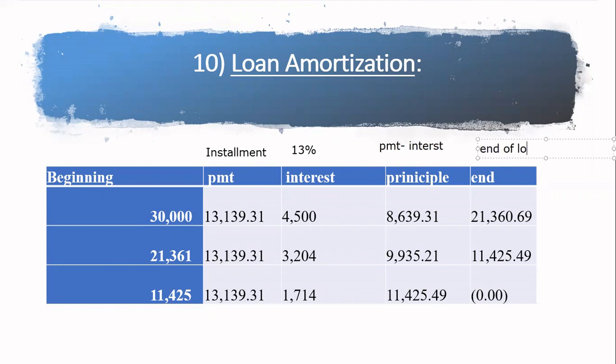The end of loan will be equal to the beginning minus what I paid, which is the principal. It's important to focus on the loan amortization, because this is how I pay back the loan. So don't forget the installment here, because this will be included inside my pro forma income statement.